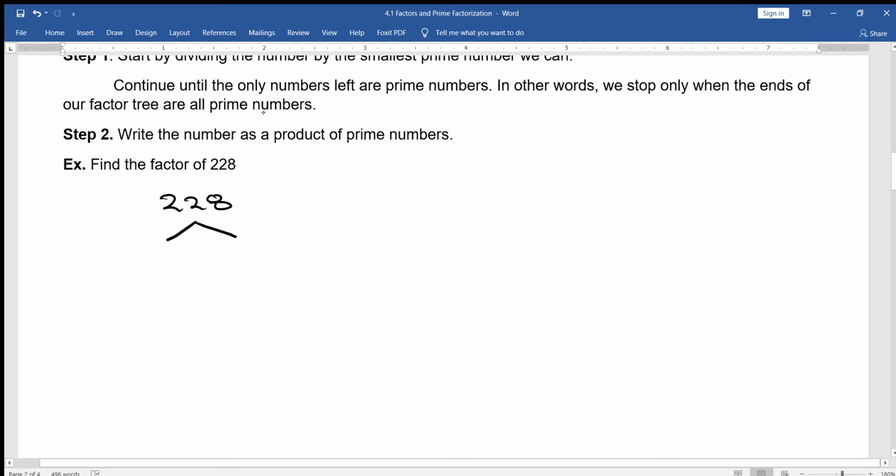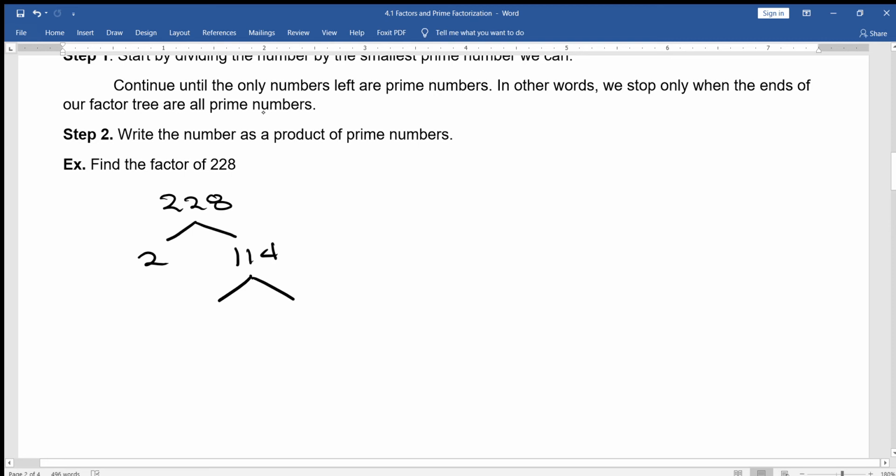The smallest prime number that we can divide 228 by is 2. 228 divided by 2 is 114. And then 2 is a prime number, so we cannot do any more with it. 114, on the other hand, is a composite number, so we want to divide that even more.